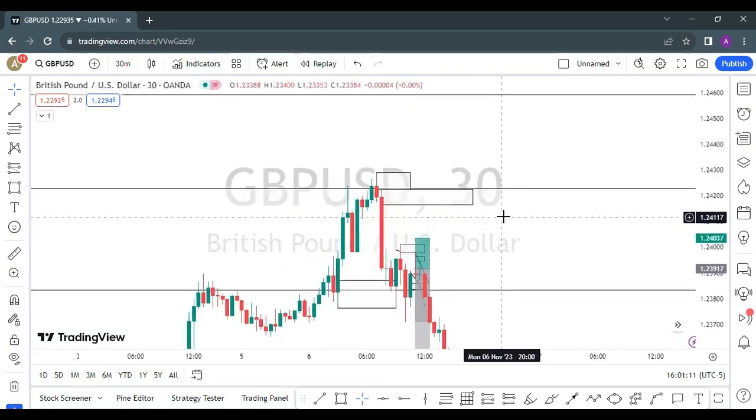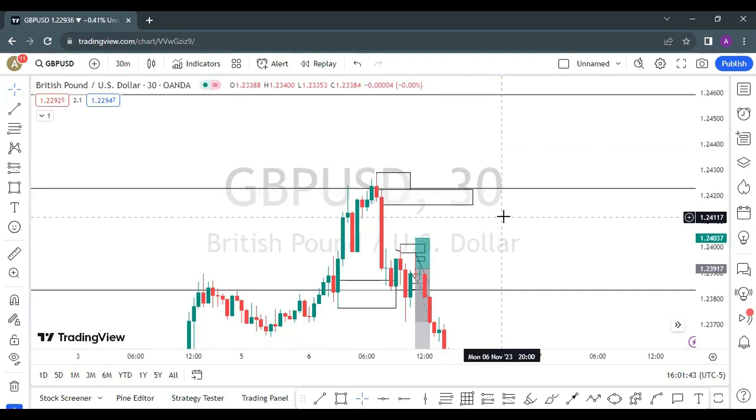So the main reason why I took the risk was that you see the wick of the 30-minute candle, it swept a major high. Yes, it swept. That's why I asked you, is 30 minutes your entry time frame or your higher time frame? Let's say you were using H4 and this happened on H4 and you moved to 30 minutes to make your entry, that is a different story.